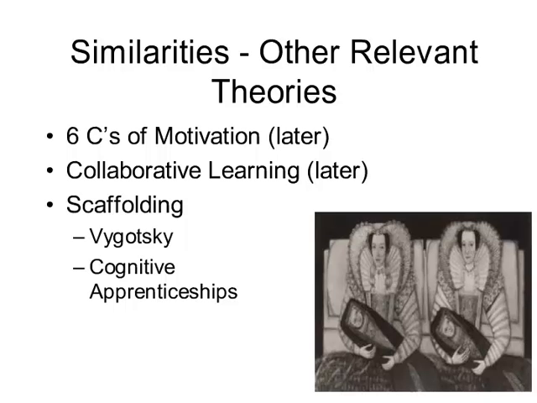All right. Besides project-based learning, other relevant theories are obviously cognitive apprenticeships and scaffolding. Other chapters that I cover later in this course are collaborative learning and the 6 C's of motivation, and they're quite relevant. Probably another one that's equally relevant is resource-based learning, because as they engage in these projects, you spend a lot of time gathering resources they can make use of.